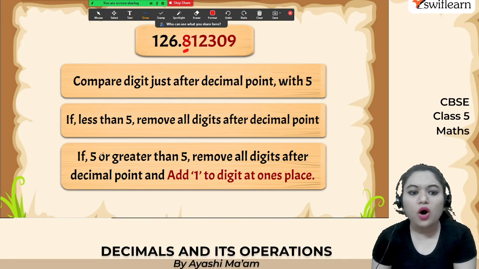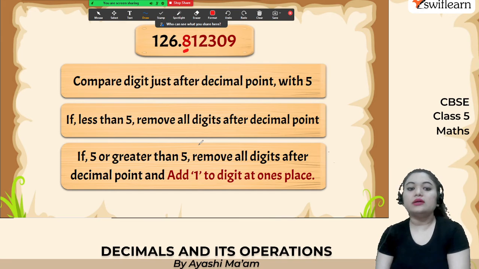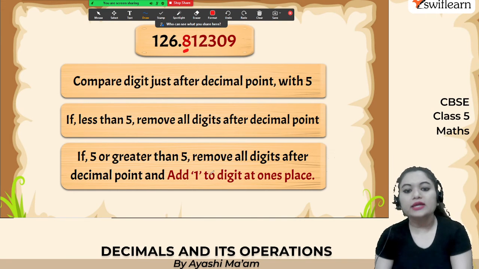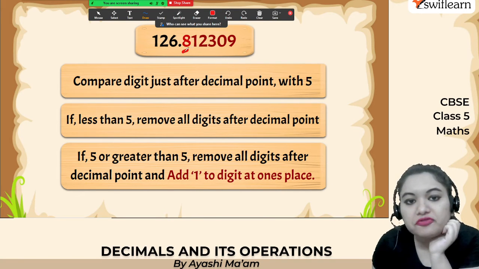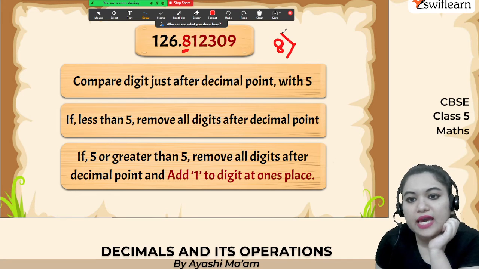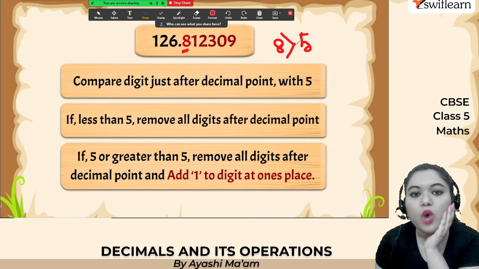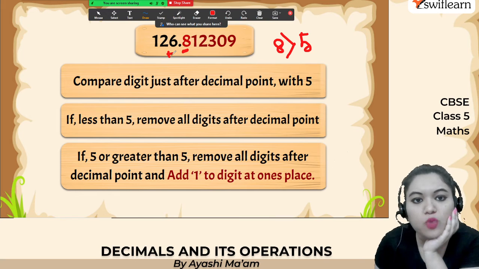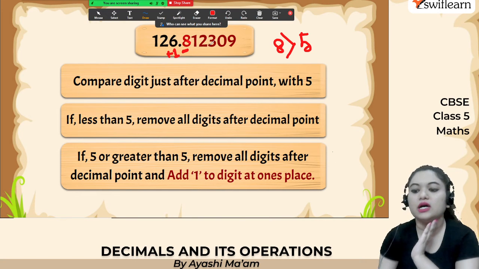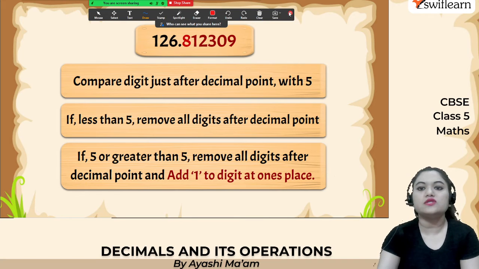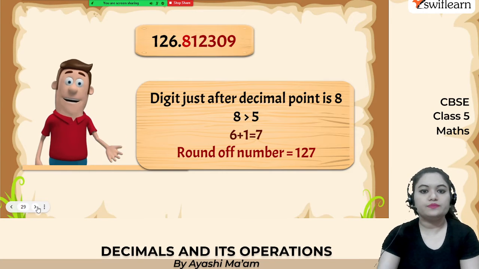If it is 5 or greater than 5, then remove all the digits after the decimal point and add 1 to the digit at the ones place. Because this 8 is greater than 5, we will do a plus 1 to this 126, and after the decimal point we will turn each and every digit into 0. Look at the example.